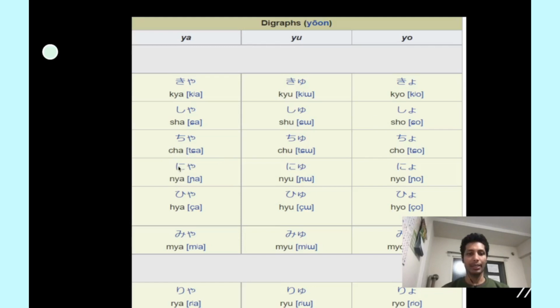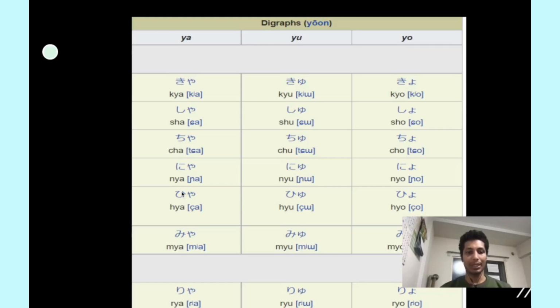And then you have ni and then add a small ya, then it becomes nya. So you are adding ya, yu, yo here. You see here, ya, yu, yo, right? So this is ni, right? So nya, nyu, nyo.